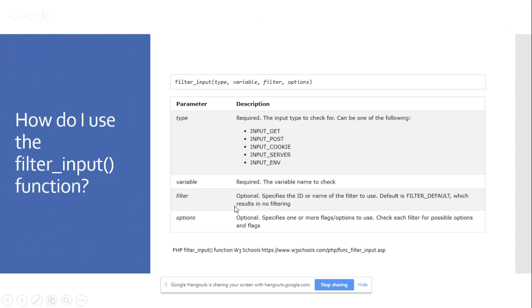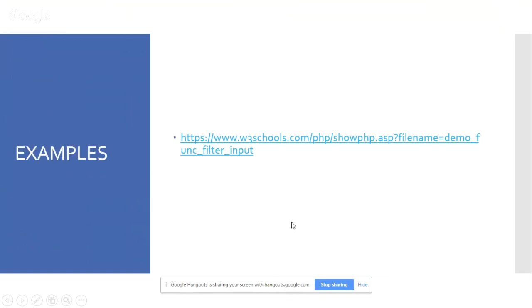And there are other kinds of filters that we can use. And there's also the options, and this specifies one or more flags options to use. I don't understand that very well, but I hope that as we go through the video, you'll be able to see and understand at least what the type of variable and filter are.